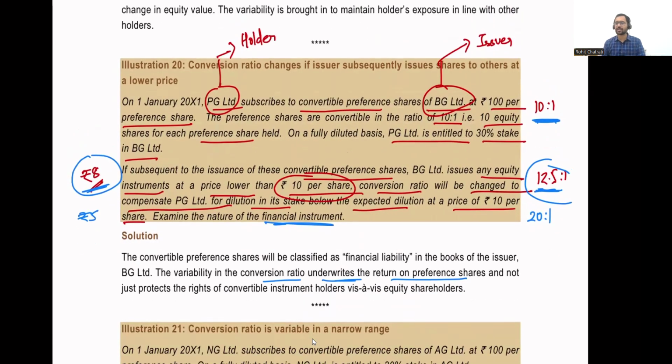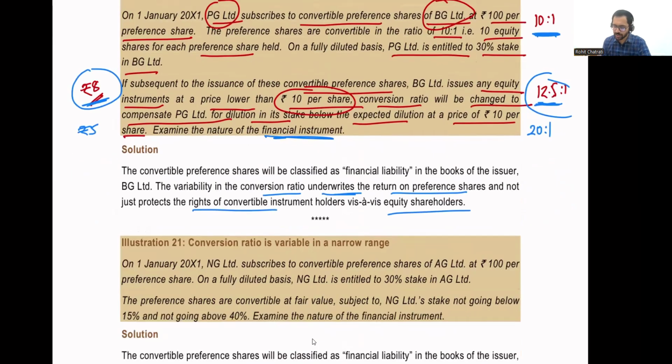We are underwriting the return on the preference shares, and we are not just protecting the rights of the convertible instrument as it was in illustration number 19. In illustration number 19, it was being done purely to protect the rights, whereas over here we are ensuring that the return that PG Limited earns is safeguarded vis-a-vis the other equity shareholders, and hence this is going to be regarded as an obligation to issue a variable number of equity shares.